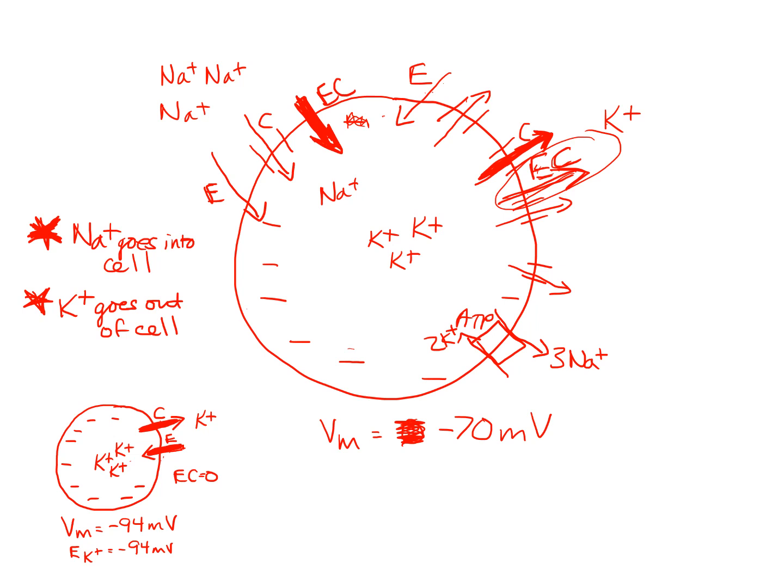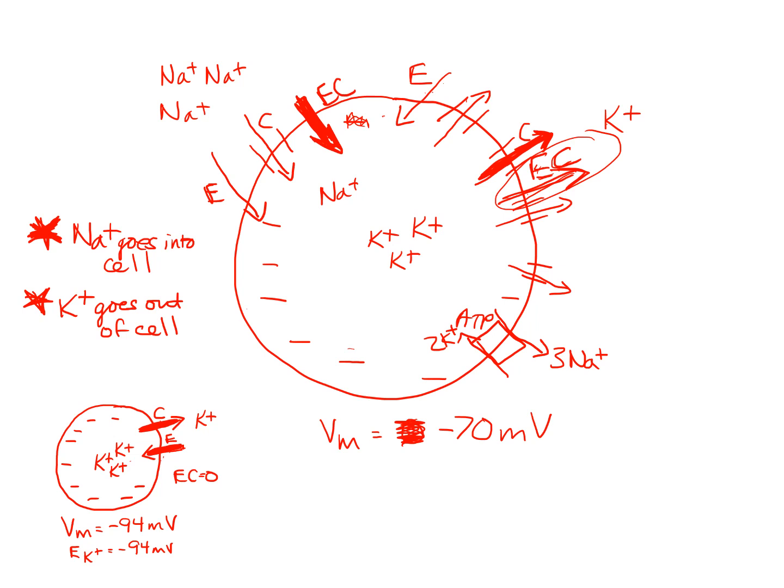All right. Okay, and then the other thing that contributes a small amount to the minus 70 millivolt number is this sodium potassium pump. Notice we have 3 positive charges on the sodiums being pumped out and only 2 positive charges being pumped back in. So we're 1 different positive charge here.